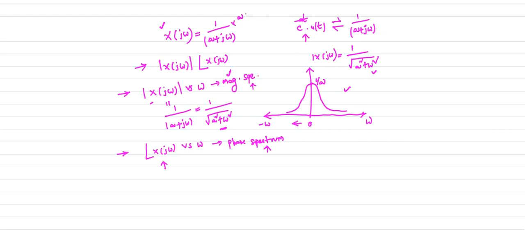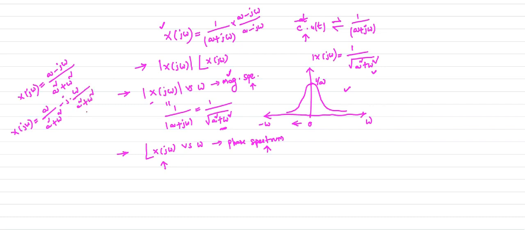To get them, we just rationalize the expression. The numerator is a minus j omega and the denominator is a squared plus omega squared. So X of j omega is a by a squared plus omega squared, minus j times omega by a squared plus omega squared. This is your real part, and this is your imaginary part.